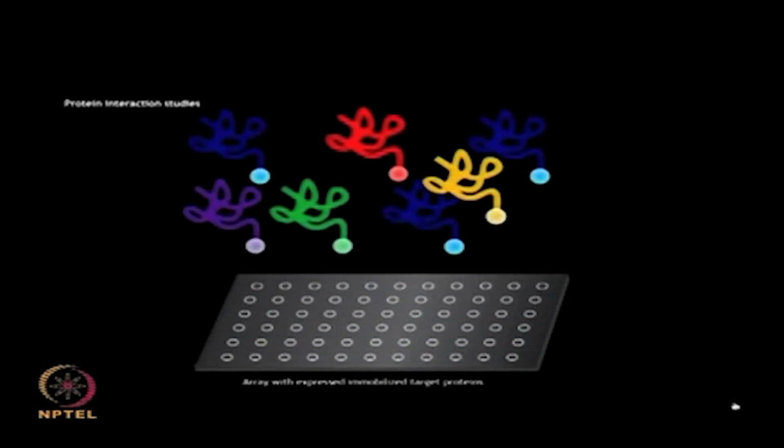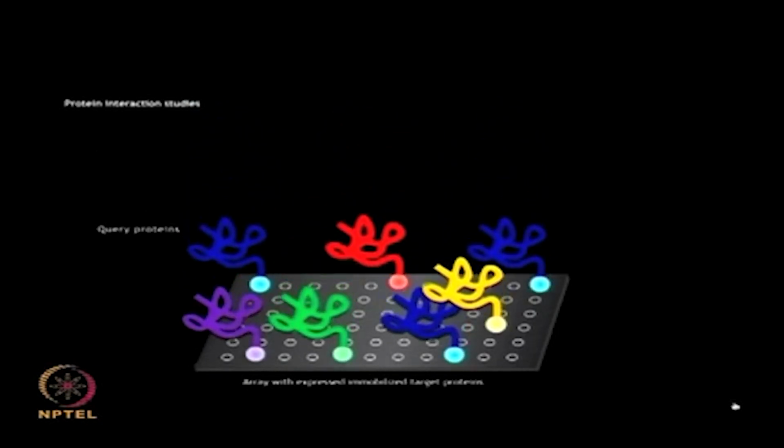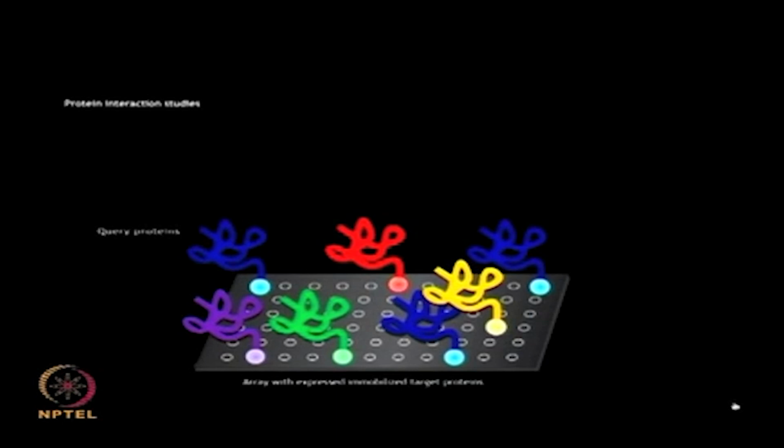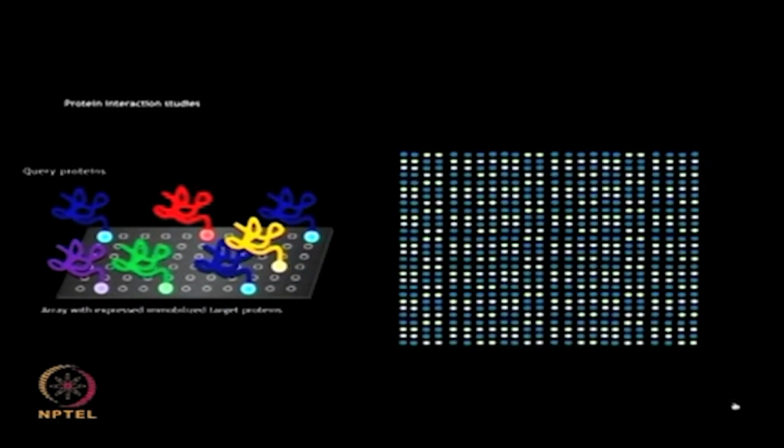Authors made use of each of these expressed proteins to probe another duplicate array of the same 29 proteins, thereby generating a 29 by 29 protein interaction matrix. 110 interactions were detected between proteins of the replication initiation complex, of which 63 were previously undetected.